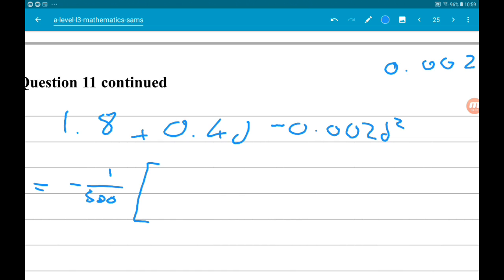So we are now going to get 1.8 times minus 500, and that is minus 900. Now 0.4 times minus 500 is minus 200. So we got minus 200d. And then add 1d squared.